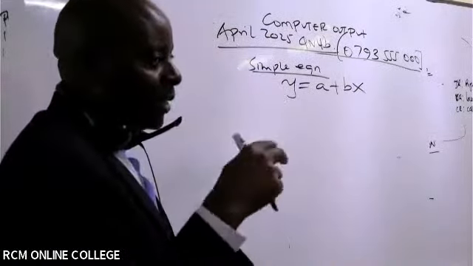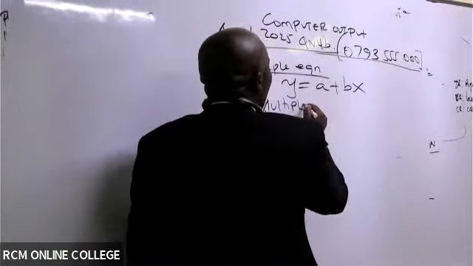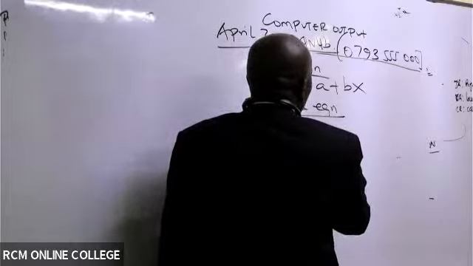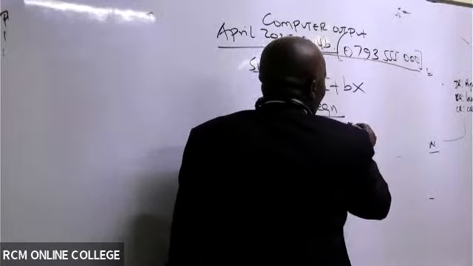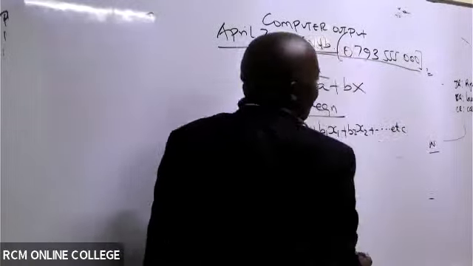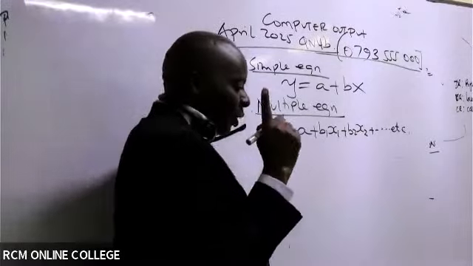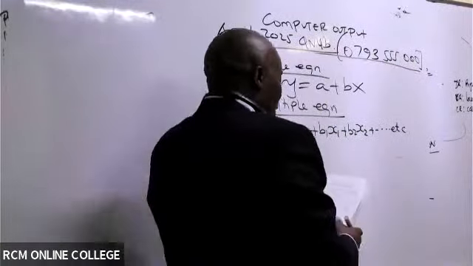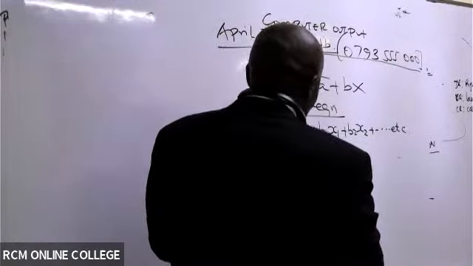We only have one predictor variable, which is X. But when it is a multiple equation, our Y will be equal to A plus B1X1 plus B2X2 plus etc. Those variables could be very many. Remember the name of the topic we're doing is cost estimation. The one to be estimated goes to the Y. So when I'm told to write this equation, my Y will be the material handling cost.